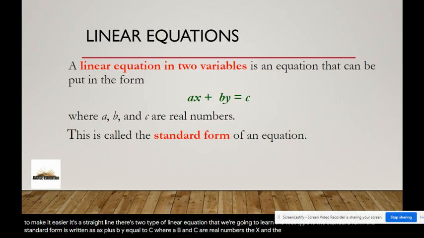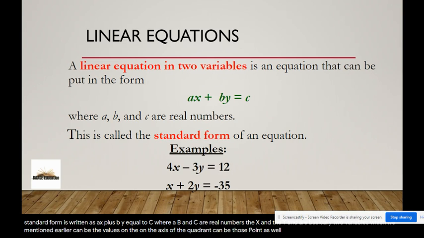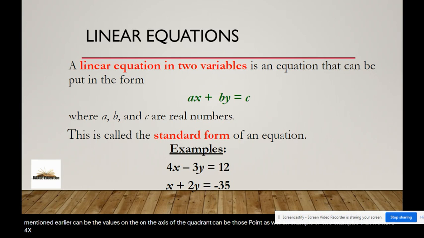The x and the y are the two variables, which can be the values on the axes or the points in the quadrants. Two examples: 4x minus 3y equal to 12, and x plus 2y equal to negative 35.